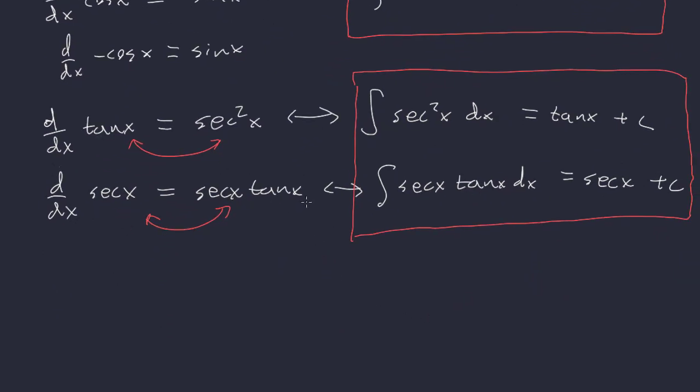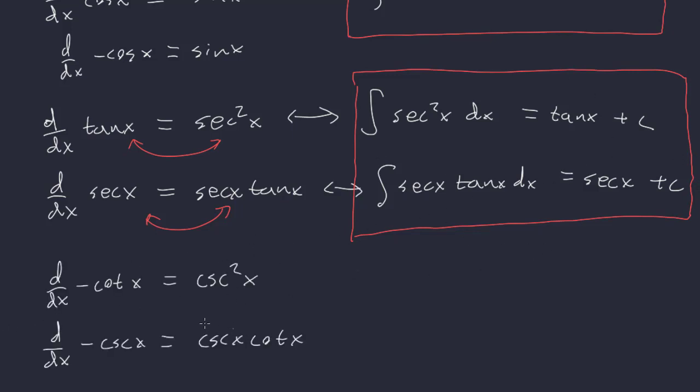And then the ones that give us the negatives, we can make with pretty much the same patterns. Right, because the derivative of negative cotangent x is cosecant squared x. So that means the integral of cosecant squared x dx is negative cotangent x plus c.